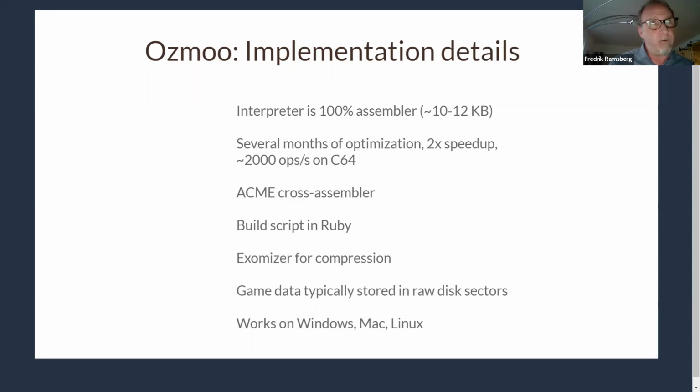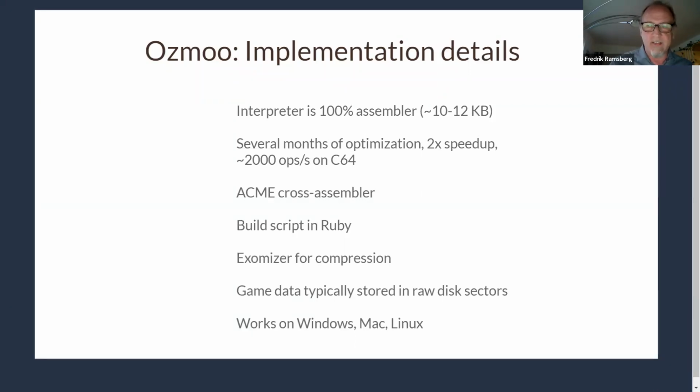Now with an REU, it's about 10 minutes on a Commodore 64 to play through the game in 450 moves. On the Commodore 64, we typically reach around 2,000 operations per second in the Z machine, which we think is pretty good. And about, I'd say, almost twice that on the Commodore 128 in 2 megahertz mode.